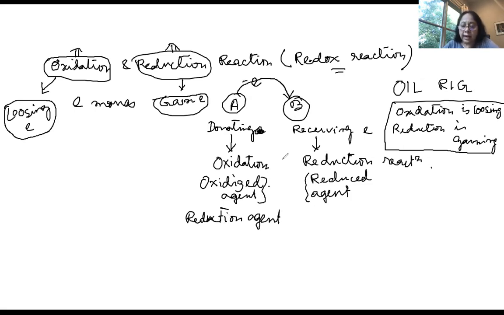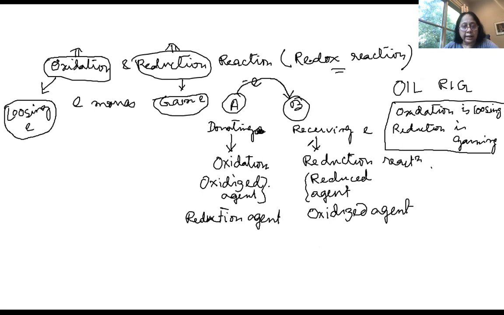On the other hand, B is receiving electron, okay? And it is helping A to be oxidized. So that's why B is oxidized agent. Okay, I hope now you are clear about oxidation and reduction reaction.